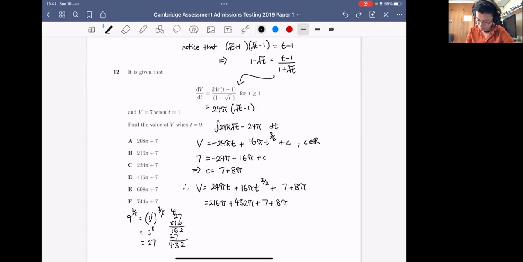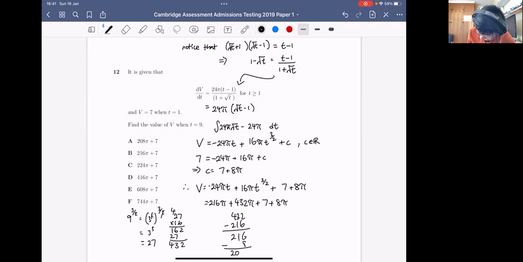Hmm. Oh, the minus sign. Yuck. So 432 minus 216, then minus an 8.